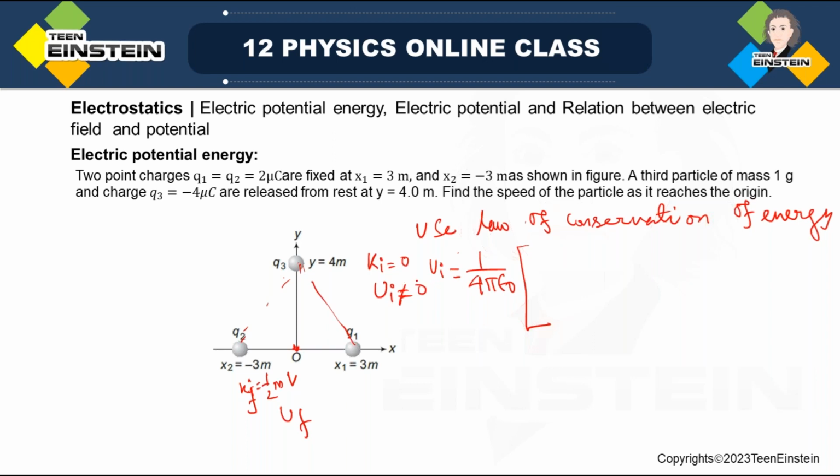So what is that initial potential energy? Suppose we have Q1, Q2, Q3.